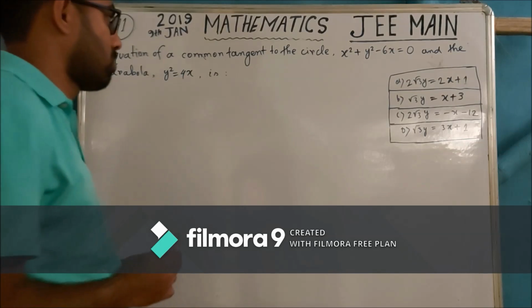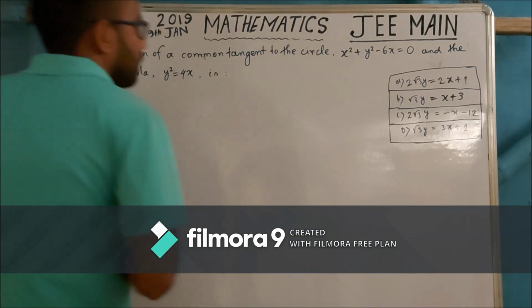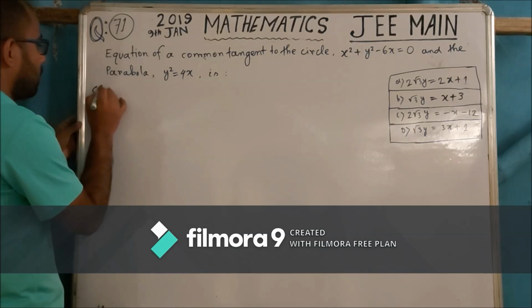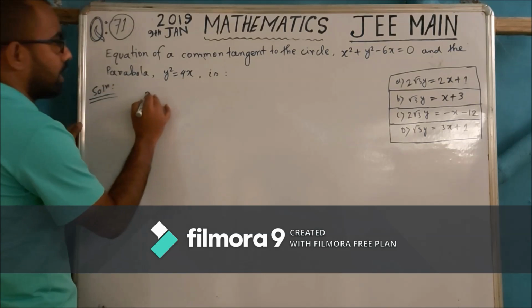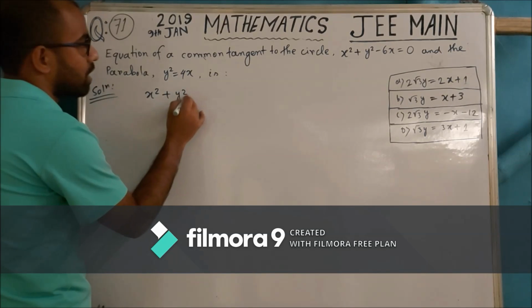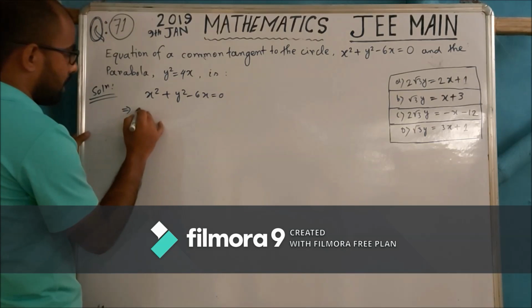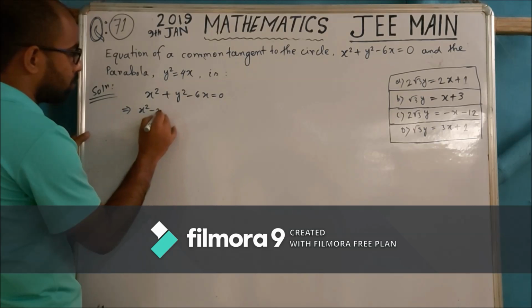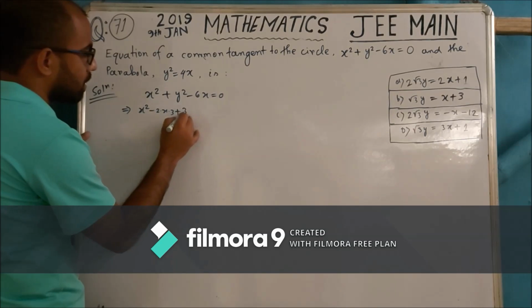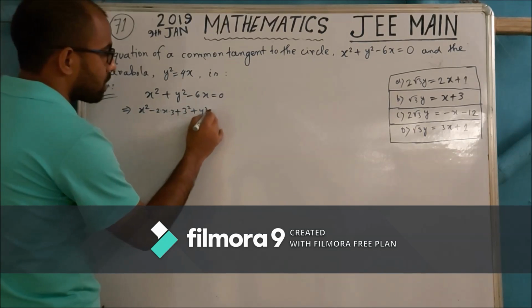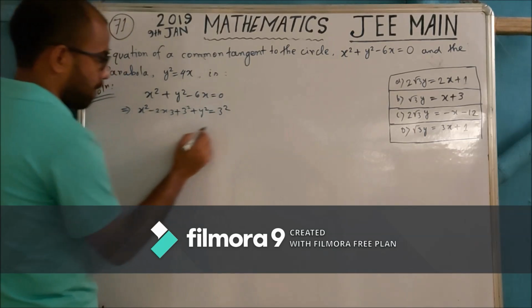So we first write the given circle in the form x square plus y square minus 6x equal to 0. x square minus 2 into x into 3 plus 3 square plus y square equal to 3 square.